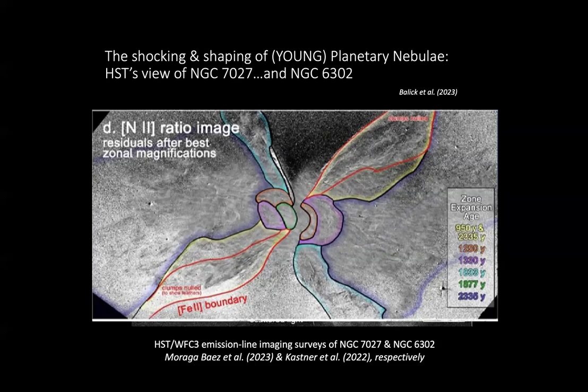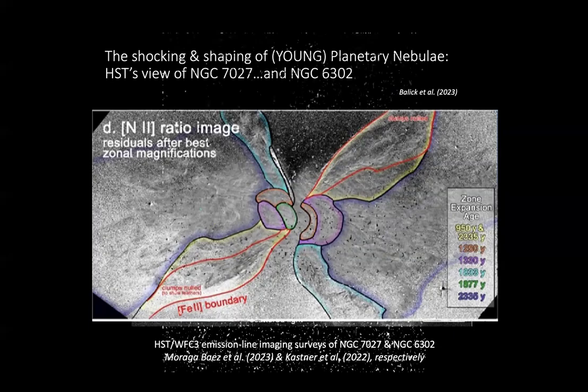You can see zones where gas was ejected starting about 2,300 years ago, and then most recently about 1,000 years ago. You see these distinct zones where things are moving faster than in other places, and you can trace all those back to the central star as distinct ejections that were made.